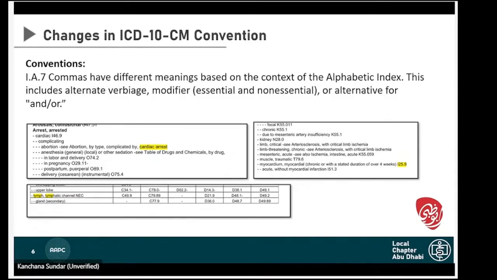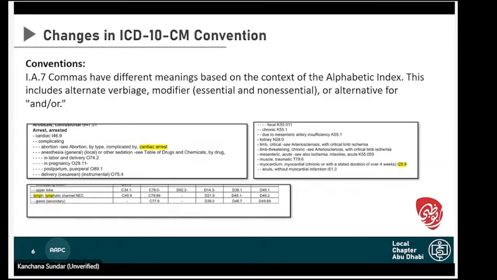You can see the first snip here with cardiac arrest highlighted, where the comma indicates additional information about the complication we are searching. If we are searching arrest, cardiac, complication, and abortion: after abortion a comma is applied, and after by type, again a comma is applied, and after complication, a comma is applied, then cardiac arrest.